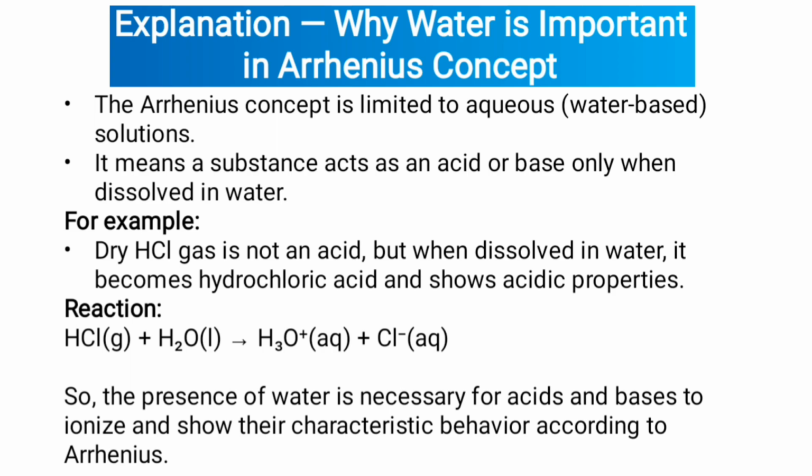Reaction: HCl gas plus H2O liquid gives H3O+ aqueous plus Cl- aqueous. So, the presence of water is necessary for acids and bases to ionize and show their characteristic behavior according to Arrhenius.